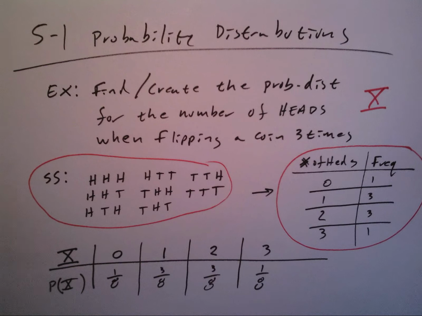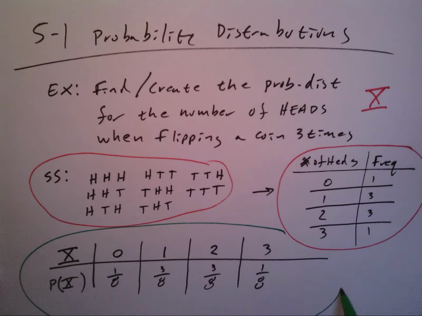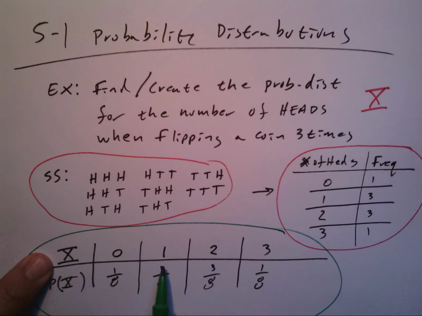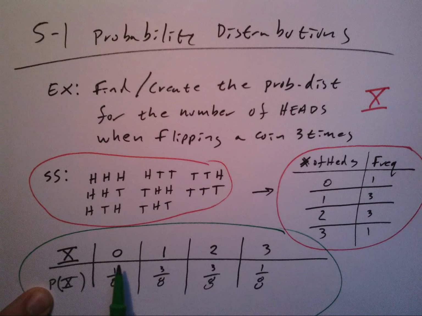But when I'm doing a probability distribution, that's this information down here, which consists of the outcomes, 0 heads, 1 head, 2 heads, 3 heads, matched up to the relative frequency of each of those events. In other words, the probability of each of those events. So probability of the random variable x. So that's 1/8, 3/8, 3/8, and 1/8 respectively to 0 heads, 1 head, 2 heads, or 3 heads.